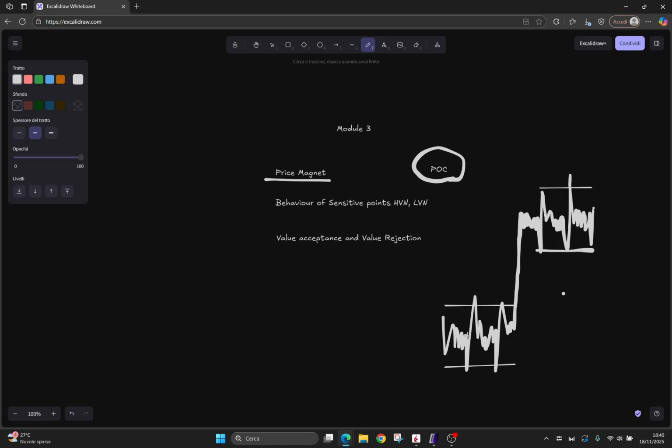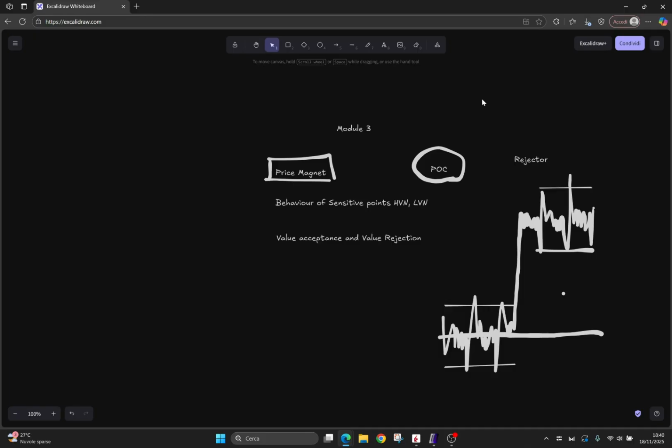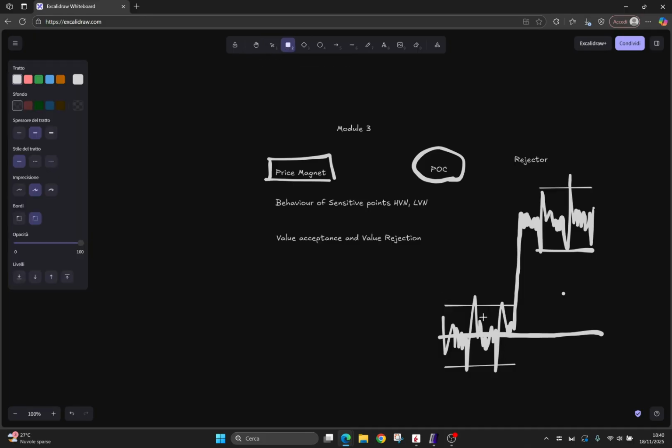When you have a new information, when you are inside here, the POC was a magnet. When you are out of the balance and the price is giving you a new information, the POC becomes, who knows it? Rejector. Okay? Think about why. All these market participants agreed that this one is a new fair value.